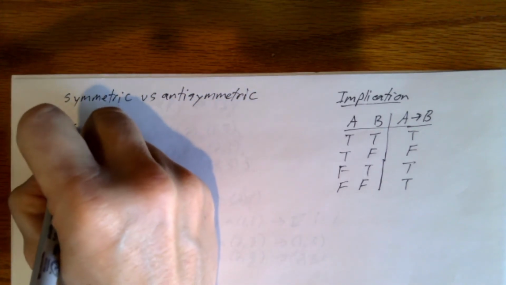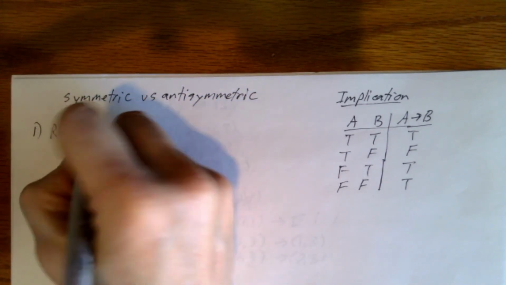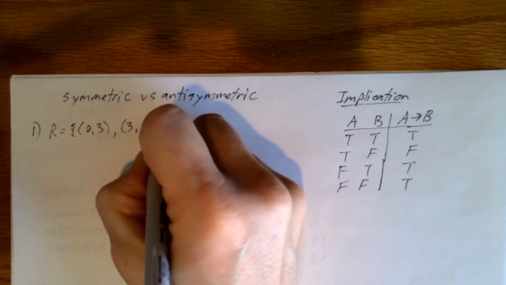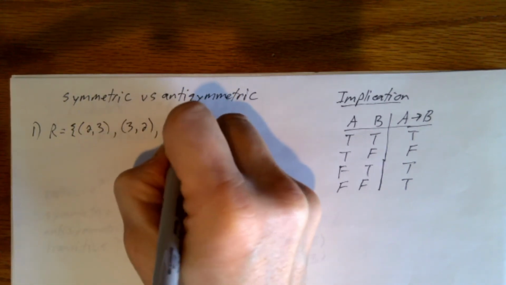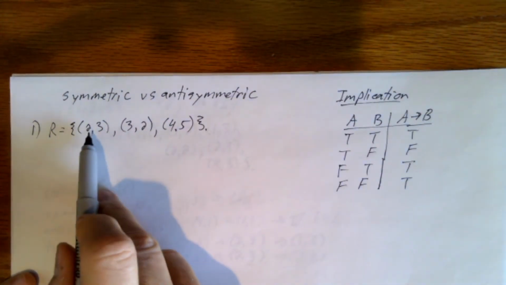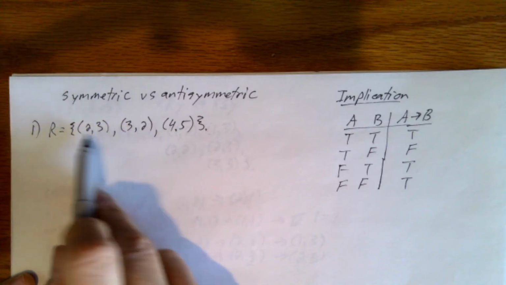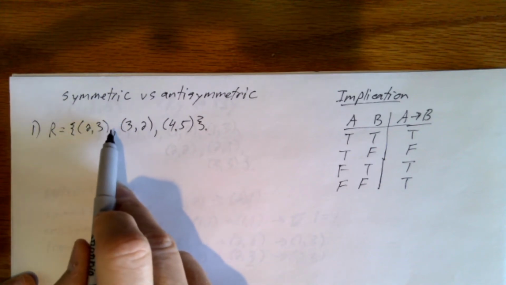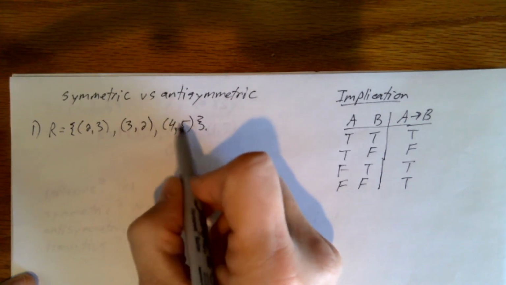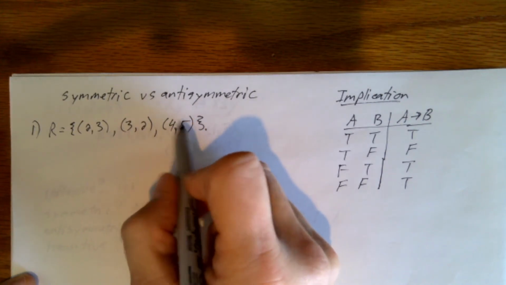So R gives us this: 2, 3, 3, 2, and 4, 5. Now here I have 2, 3, and 3, 2, which we would need for it to be symmetric. But we also have 4, 5 with a missing 5, 4.